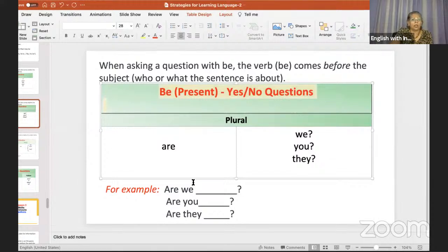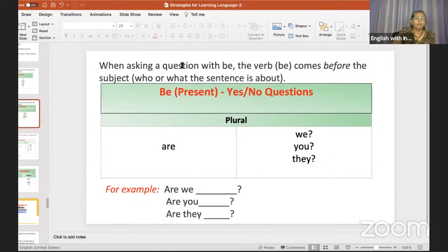So now, when asking a question with be, the verb comes before the subject, who or what the sentence is about. So be present, yes or no questions. Plural: Are we? Are you? Are they? So I want you to make a question here. Who wants to make a question with this? Let's try.